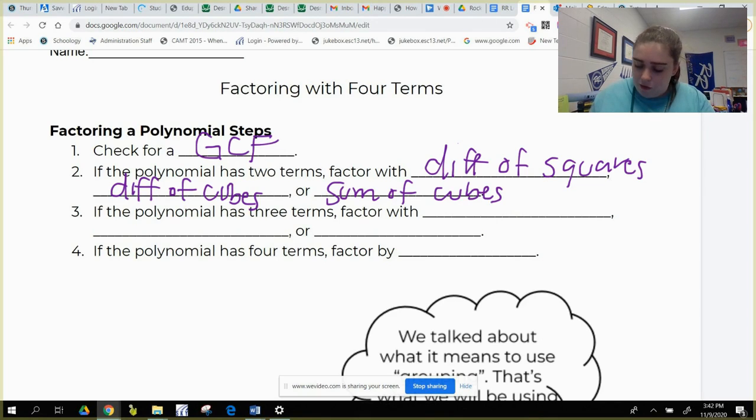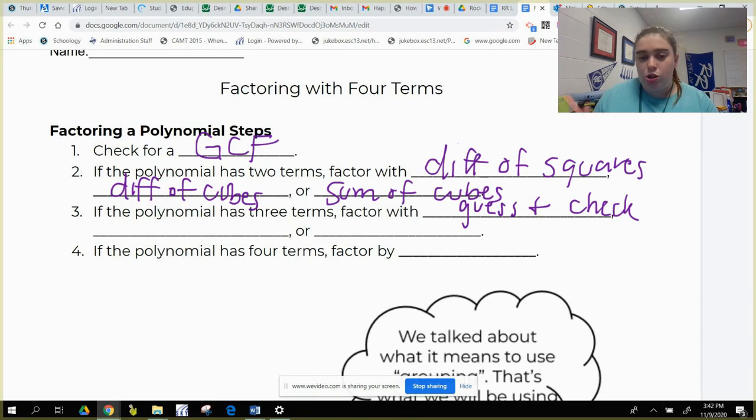And then for 3 terms, what are the 3 methods that we learned yesterday that we factor a trinomial with? Remember, there were 2 different instances where we would pick to use one. The first one we used was guess and check, and that was if the trinomial had a leading coefficient of 1.